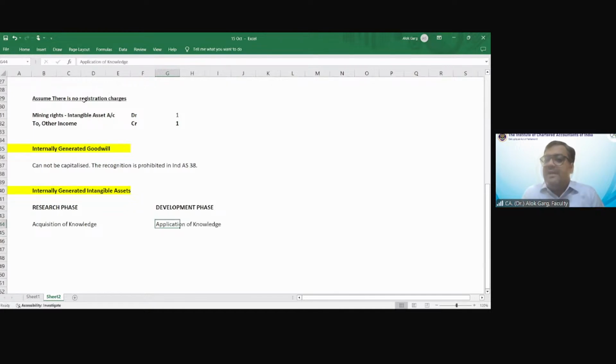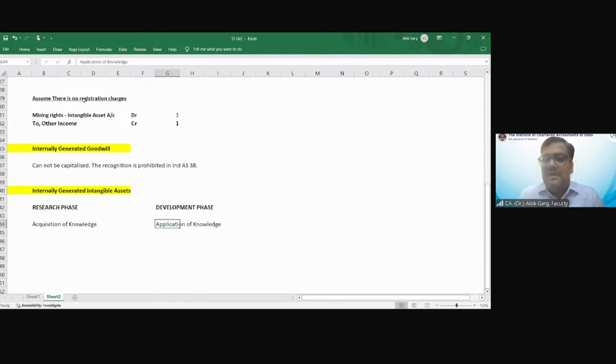You guys are CA final students, right? आप सब CA final students, so that is why you are here in this class. So which phase is going on? If I talk about your career, which phase is going on right now? Research phase or development phase? Research phase is going on till the time you crack the examination.